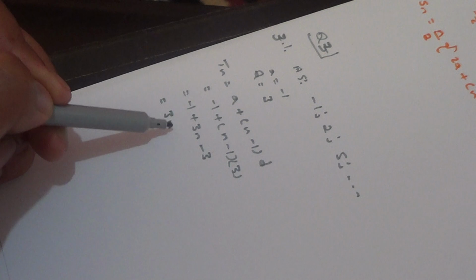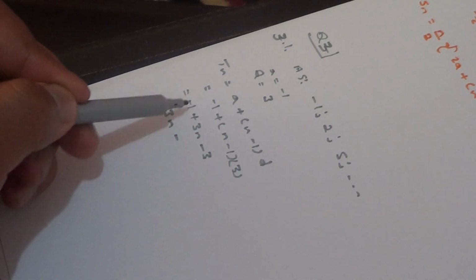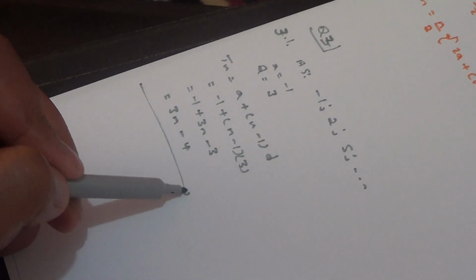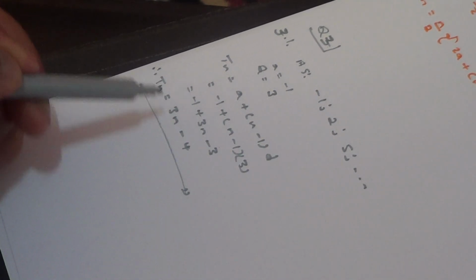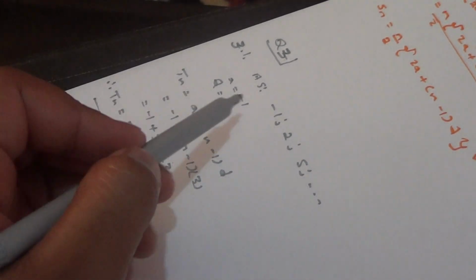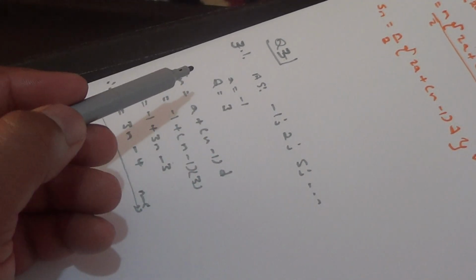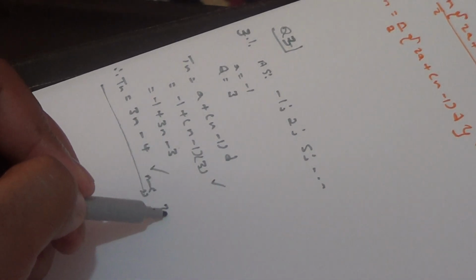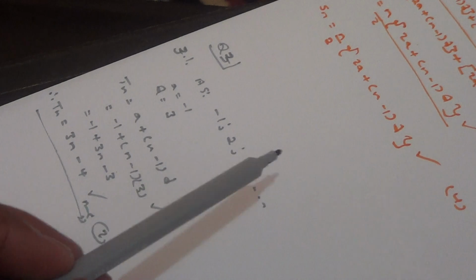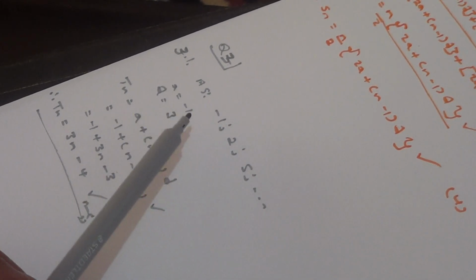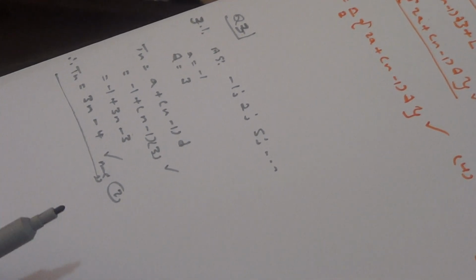So we have 3n, and then minus 1 minus 3 is minus 4, and that's the answer, okay, not a problem. So how many marks? They're just giving 2 marks, so correct substitution and the answer is good enough, because they already told us this is an AS. If we had to discover it ourselves, D would be crucial to give a mark.